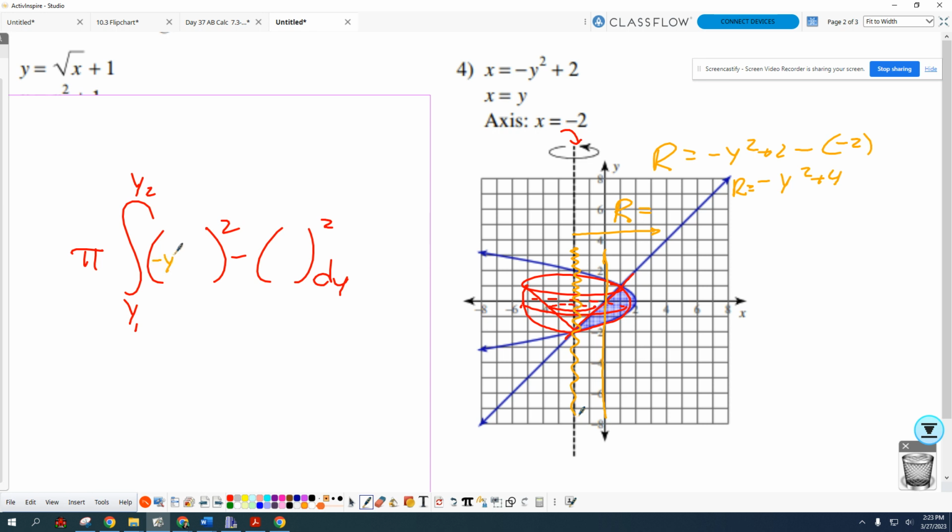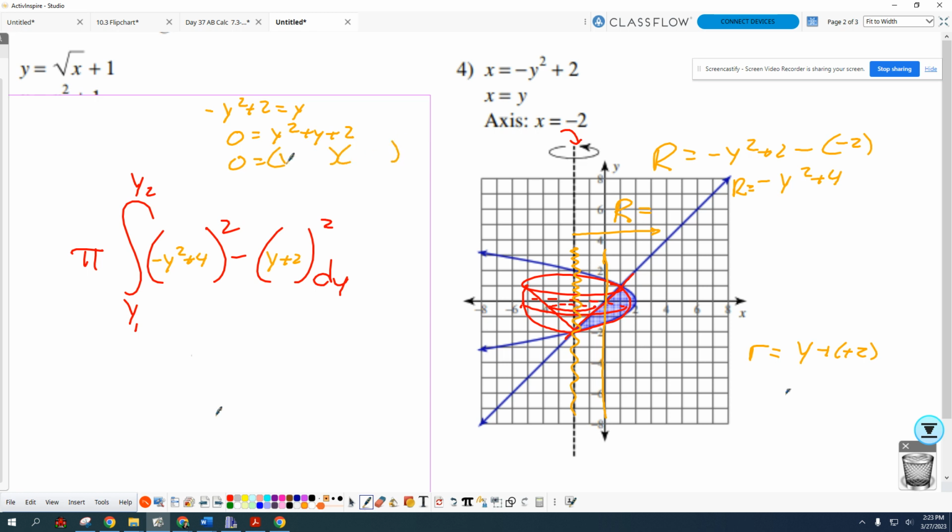So big radius squared. What is the small radius? What do I get for the small radius? y plus 2. So y minus that, which is y plus 2. Minus 1 and 2. How do I get where they intersect? Set the values equal to each other. Then factor that.